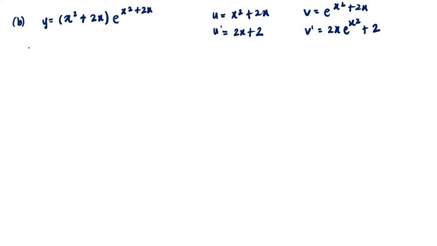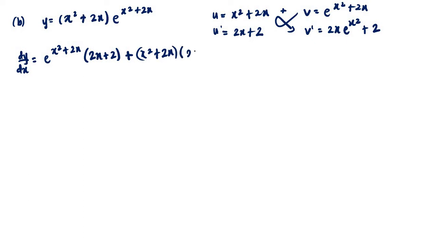Okay, so the next line kita masuk dalam formula dy/dx that is equals to v u prime plus u v prime lah. Sekarang ni sebab product rule, so kita plus. Okay, so we have e^(x squared plus 2x) times with 2x plus 2 plus with our u, which is x squared plus 2x, times with 2x e^(x squared), and then plus 2. Okay, right, sorry, this one should be dekat bawah kan.